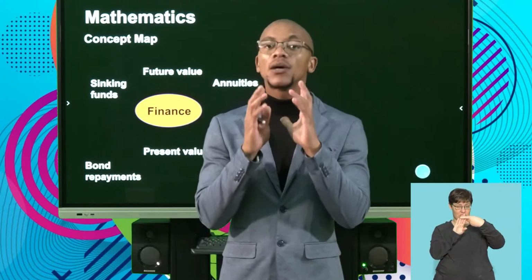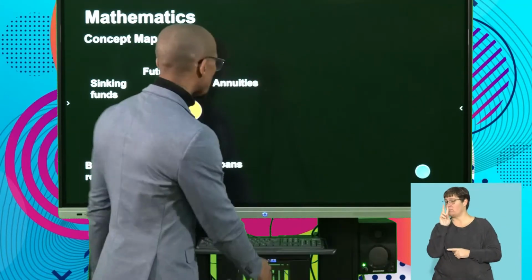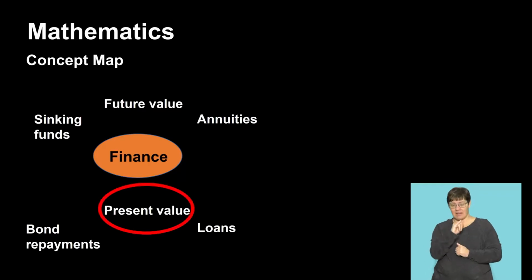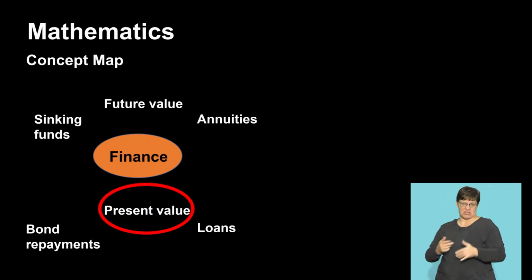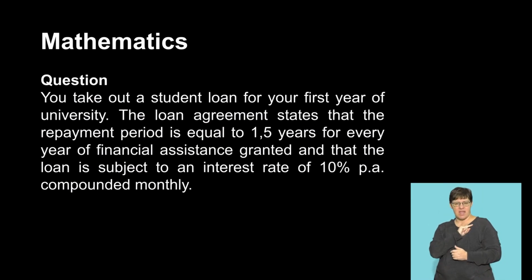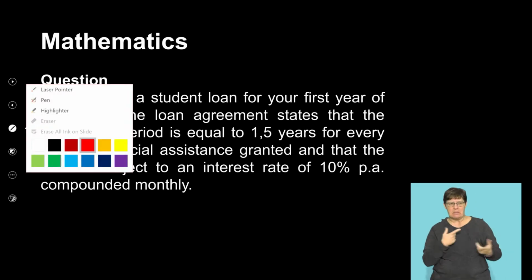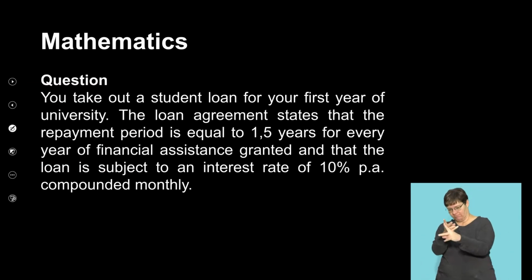Let's look at the very first question that has to do with this. But quickly, remember what we are looking at. We are still looking at the concept of a present value. Now, let's say you start at university and you don't really have much in terms of a bursary for you to study and all of that. And then you decide to take a student loan, because we do that depending on what is happening with our situation at the time. So you take out this loan to study for the first year of university.